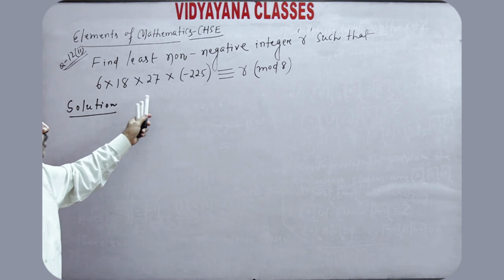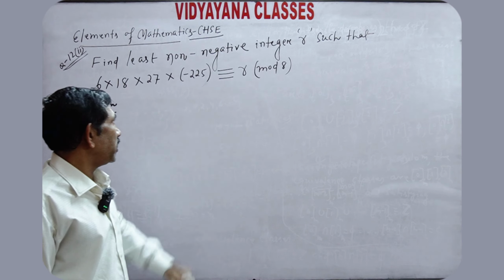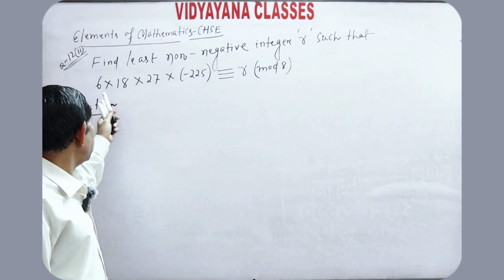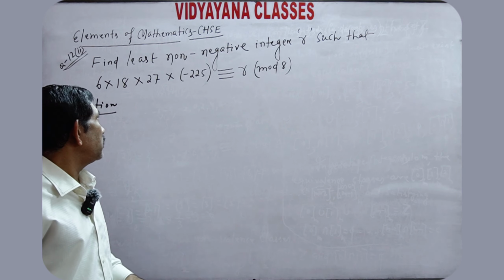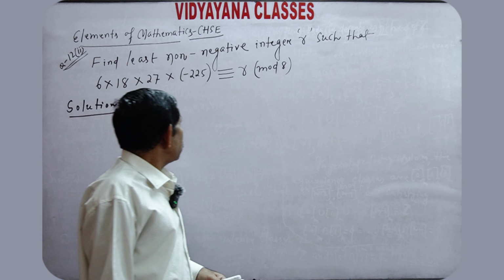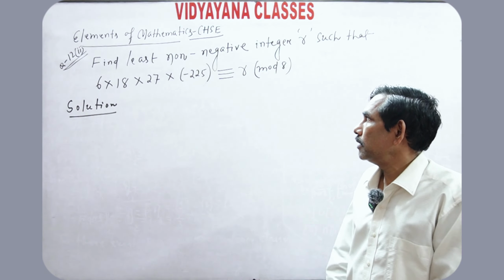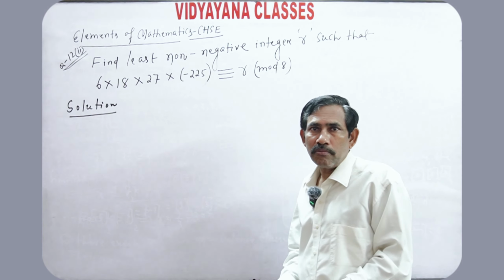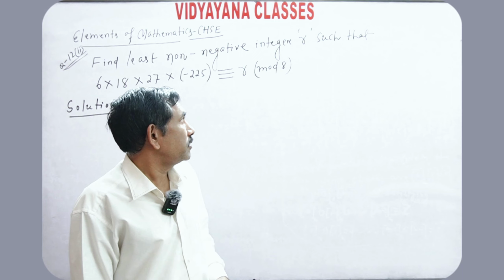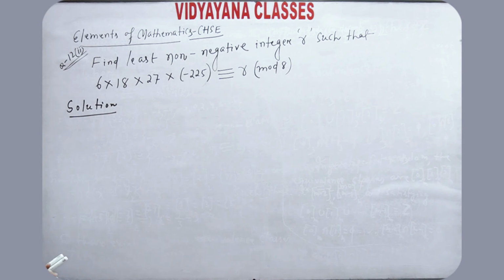This expression implies r is the remainder obtained on dividing 6 into 18 into 27 into minus 225 by 8. R is the remainder. It can be solved by the properties of congruence modulo relation and by the division algorithm.